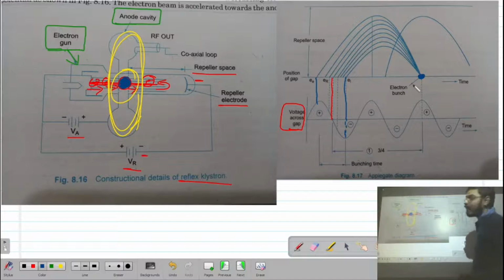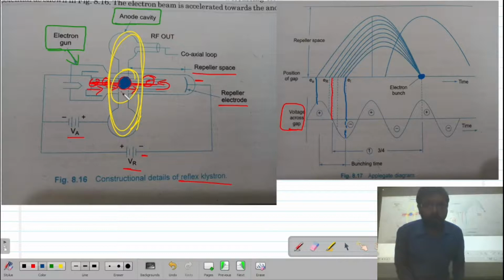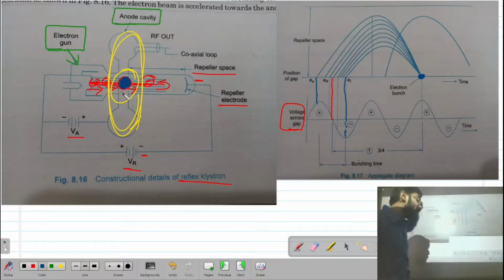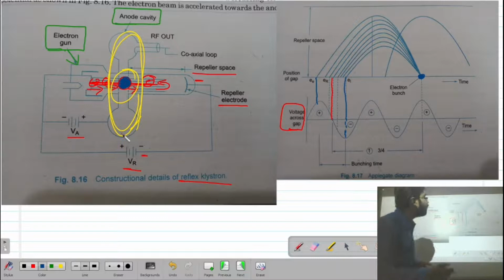As all the electrons are coming back, they will get bunched over here. Now this bunch of electrons will transfer energy to the AC signal present in the cavity.